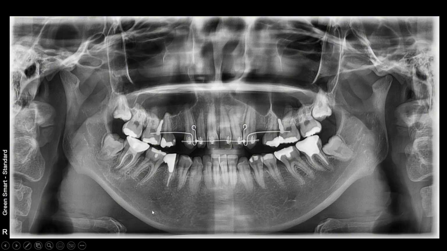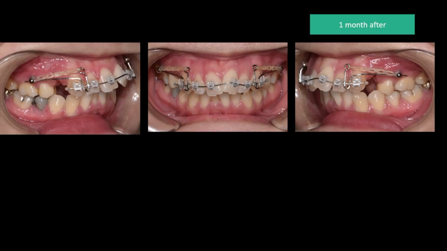Look at the cuspid axis, the normal. One month after, the power chain is still engaged.